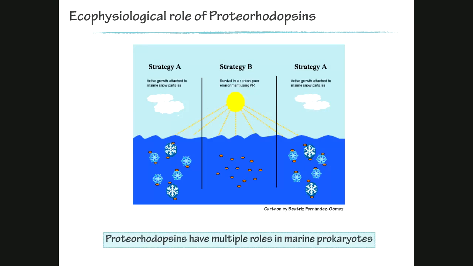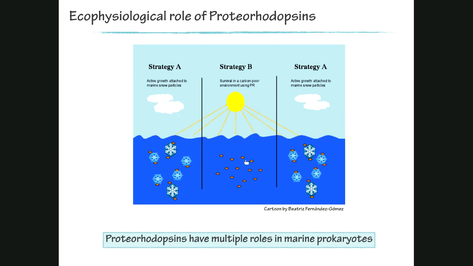So now it seems that proteorhodopsins can have different functions, for example promoting long-term starvation survival. That would be the strategy when cells are in a carbon-poor environment: perhaps the energy they obtain from light is not devoted to growth, but to maintaining survival.